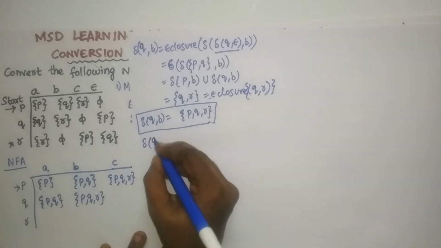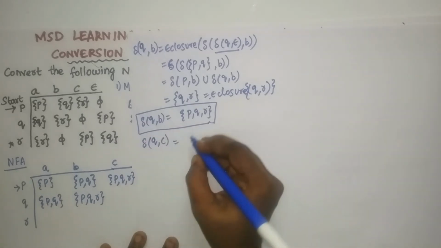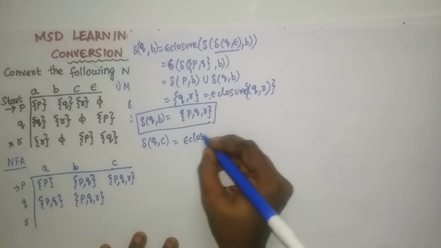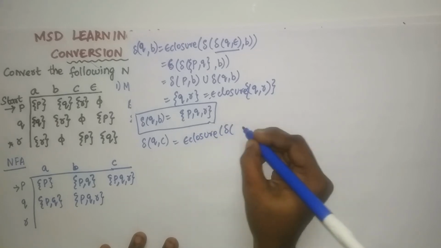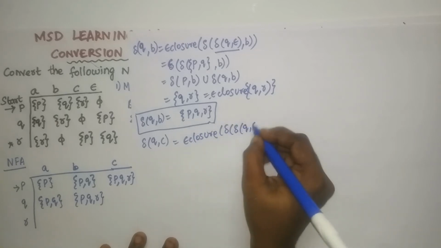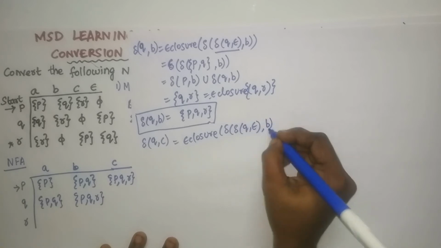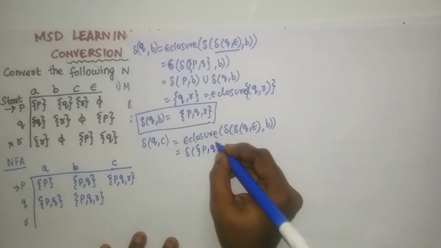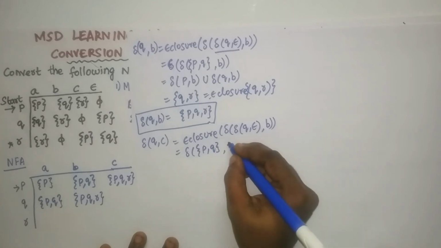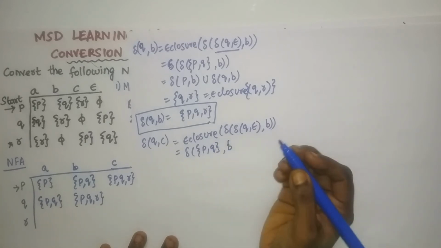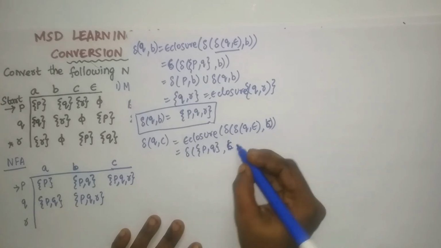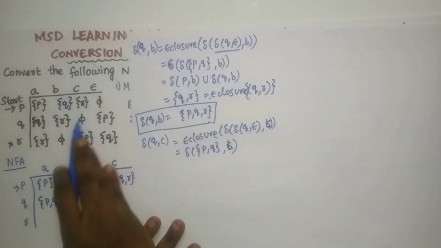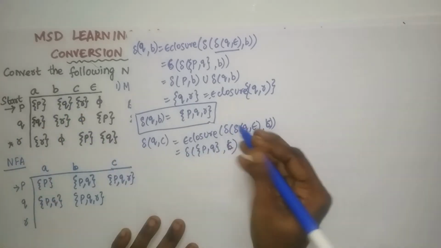Similarly δ'(Q, C), which is nothing but epsilon closure of δ(Q, epsilon, C), which is nothing but δ({P, Q}, C). So (P, C) is R and (Q, C) is empty.